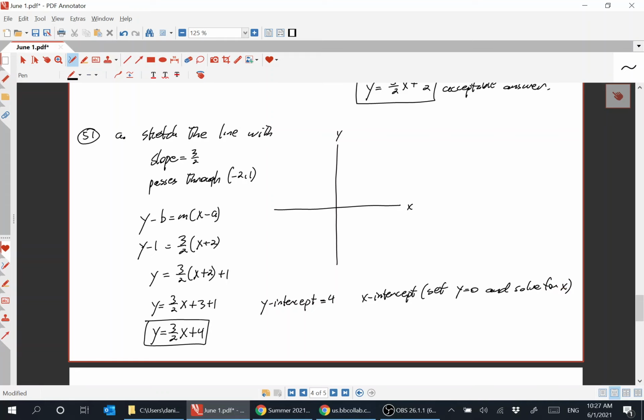That's what the x-intercept is. It occurs on the x-axis precisely where the y-coordinate is 0. So you set y equal to 0, and you get 3/2 x plus 4, solve for x. So -4 is equal to 3/2 x, multiply both sides by 2/3.